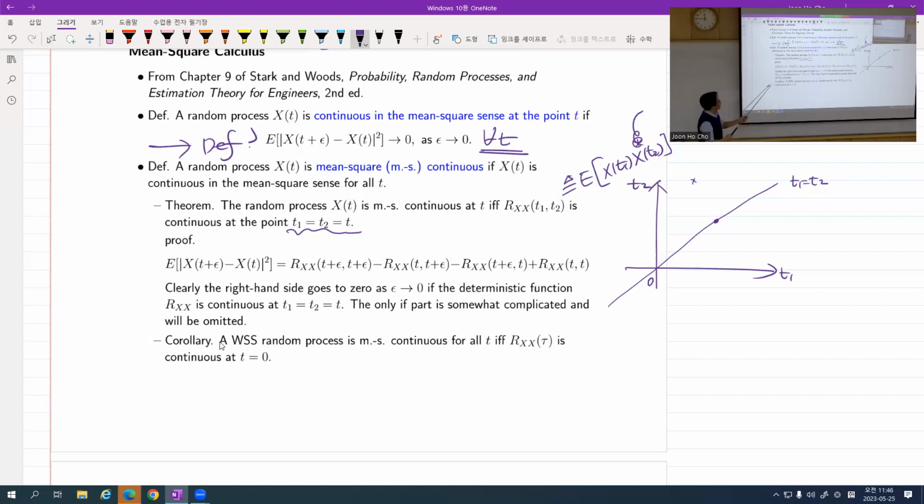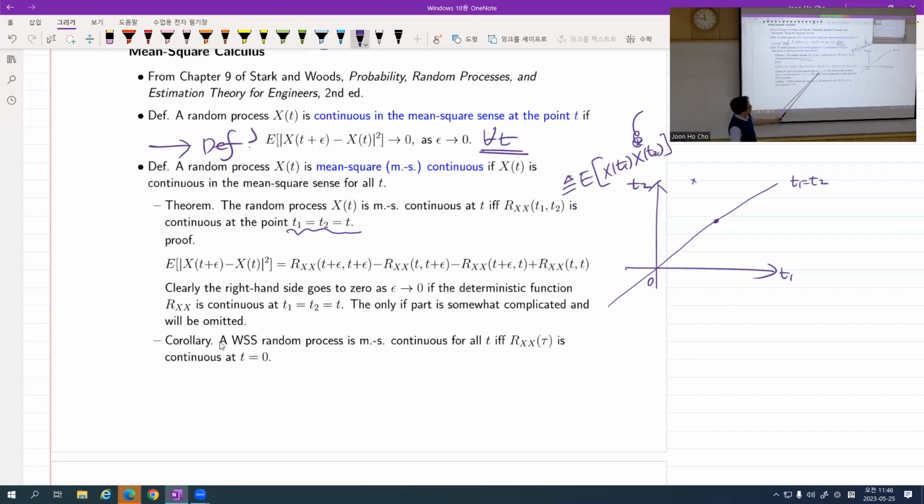So let's see. We start from the definition, mean square continuous, right? What does that mean? This error, as epsilon tends to 0, goes to 0. Or for sufficiently small epsilon, this mean square error is also small. Now let's expand that. First you have four terms: the first term is this one, the second term is that one, then the third term and the last term. Now let's take epsilon tends to 0, and you want to show this tends to 0.